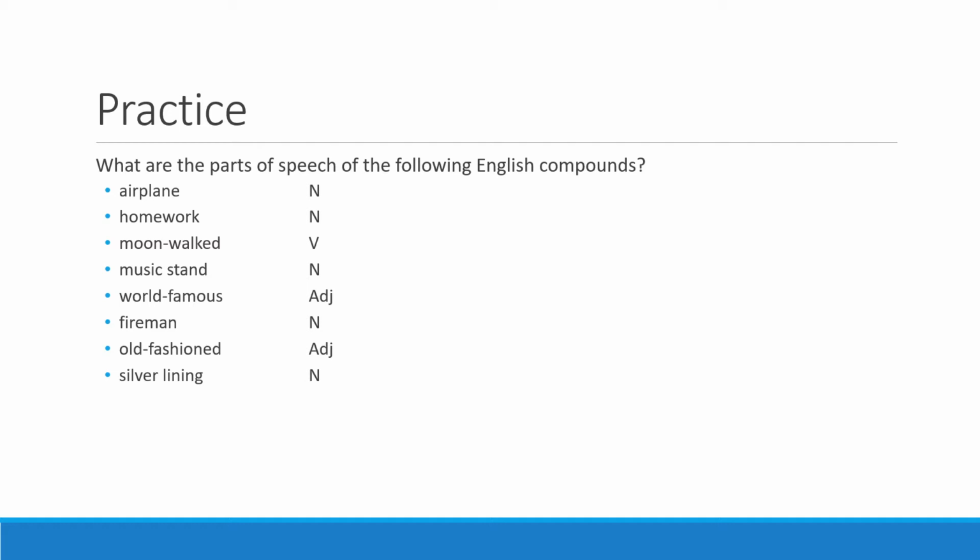Famous is an adjective, so world famous is also an adjective. Man is a noun, and fireman is also a noun. Fashioned is an adjective, and old-fashioned is still an adjective. And then lining is a noun, and silver lining is still a noun. And notice how these are spelled differently too. Some are combined, some have hyphens, and some are separated.